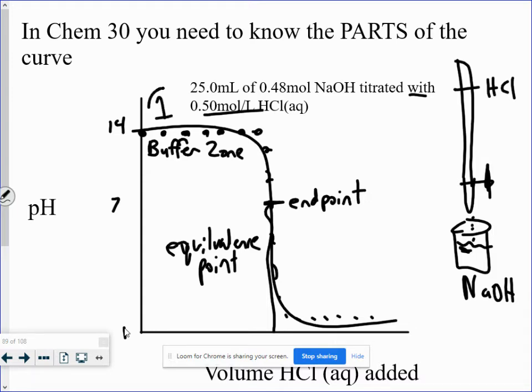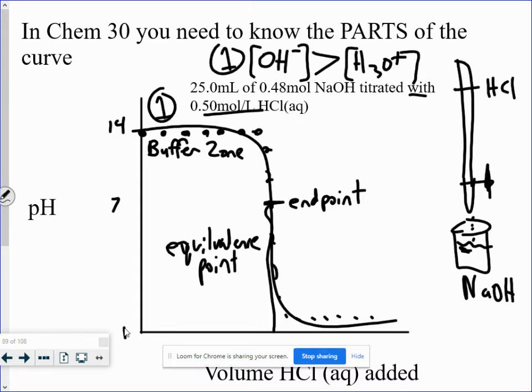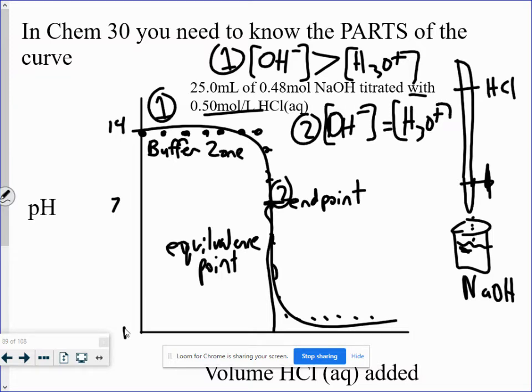So at position 1, we have way more hydroxide than we do hydronium because it's buffering. But at position 2 here at the end point, we have an equal amount of hydroxide and hydronium.